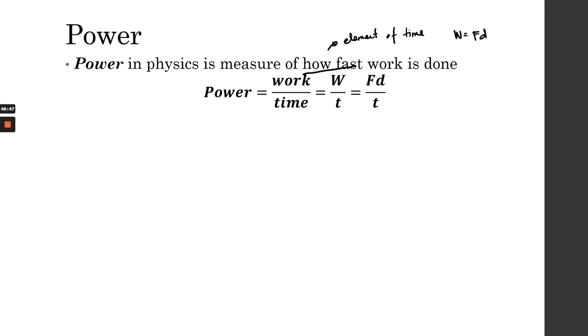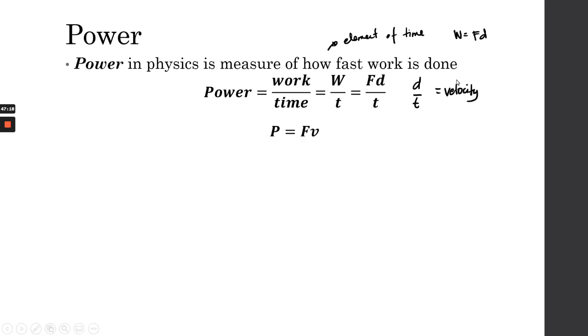So power is equal to work divided by time, because it's the amount of work over a period of time. That's power equals work divided by time, or Fd divided by t. But what's interesting here is that d over t, you guys remember, is distance over time, which is velocity.